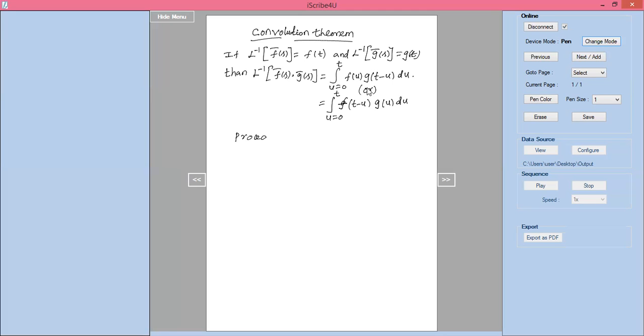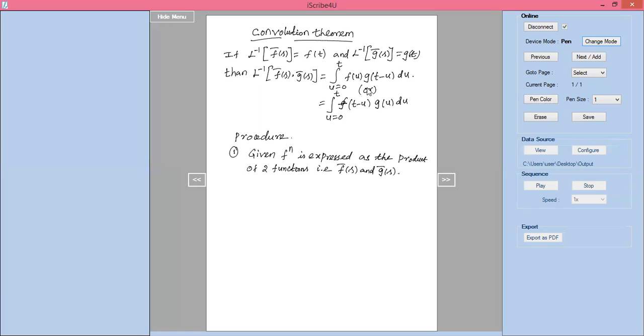Step 1: the given function is expressed as the product of two functions, for example f bar of s and g bar of s.